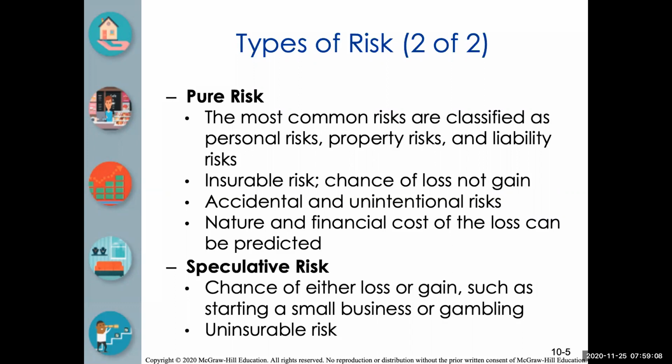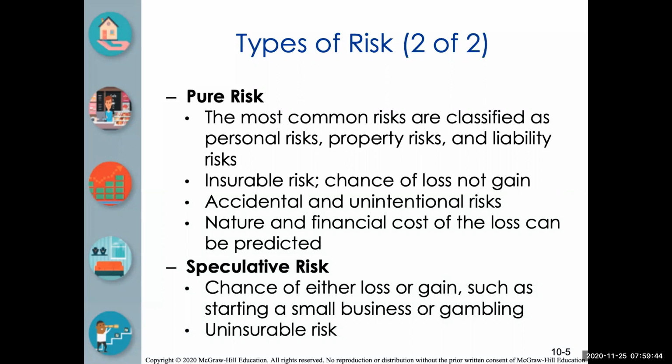There's the chance of a loss and no chance of a gain. If we suffer the consequences of the risk that we bought the insurance policy for, we only have one economic state that we find ourselves in, and that is a financial loss. We have no possibility of a financial gain if the policy kicks in.